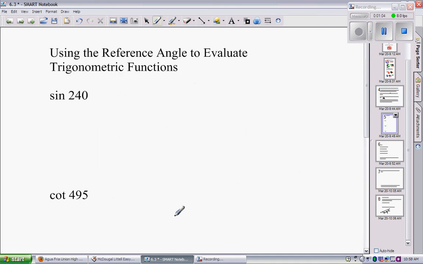Alright, so we're going to use the reference angle to evaluate trigonometric functions. Our first one is sine of 240. It's in degrees, so we know that 240 is going to fall after 180 and before 270.